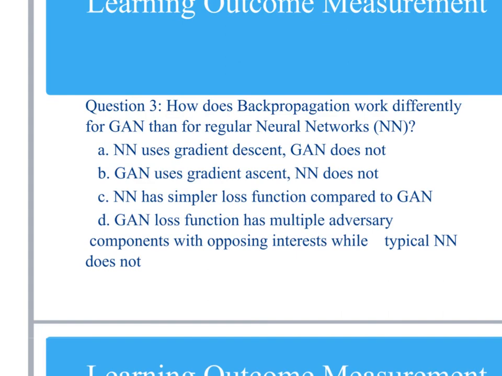Is backpropagation different for GAN compared to a neural net? The answer is yes, because GAN has multiple adversary components with opposing interests. In a typical neural network, that doesn't happen. You have just one loss function. In GAN, we have one loss function, however, it has two different competing loss functions built inside of it.